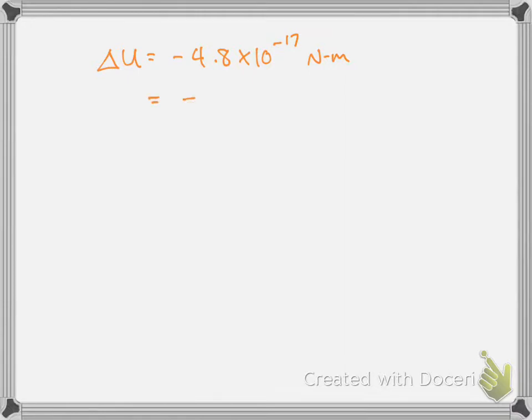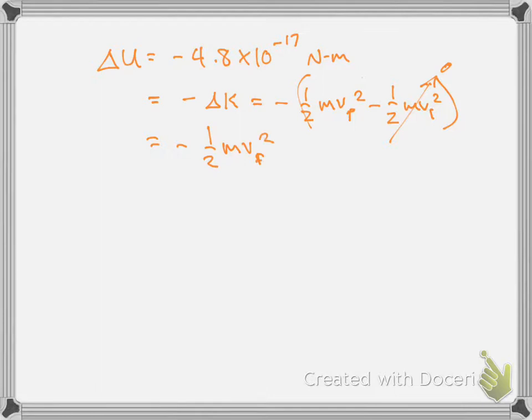So delta U is equal to minus delta K, which is minus 1/2 m v final squared minus 1/2 m v initial squared. That's delta K. And v initial is 0. So this is equal to minus 1/2 m v final squared.